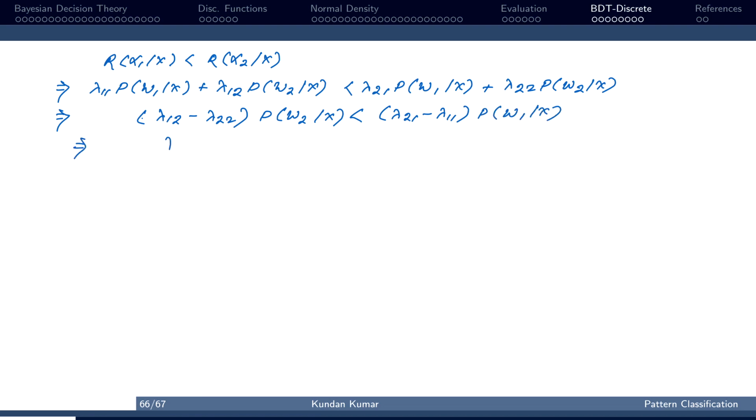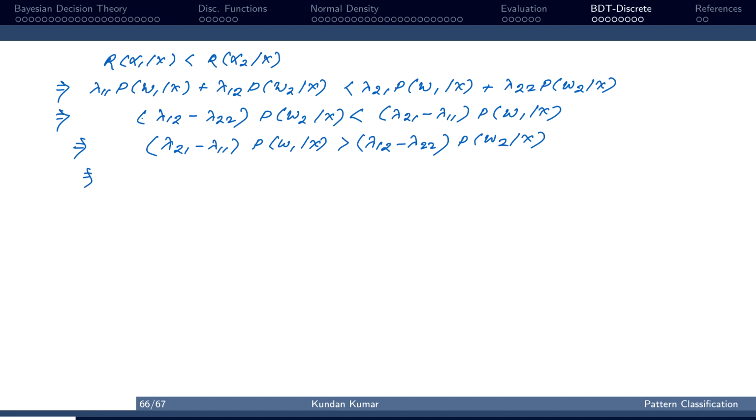Then we can write, just reversing right hand side and left hand side. We are swapping it so that our inequality will change. P of omega 1 given x greater than lambda 1 2 minus lambda 2 2 into p of omega 2 given x.